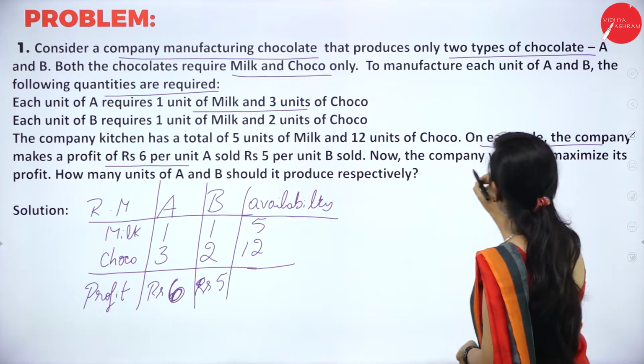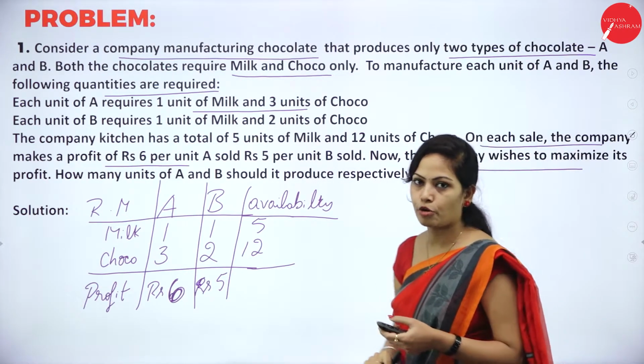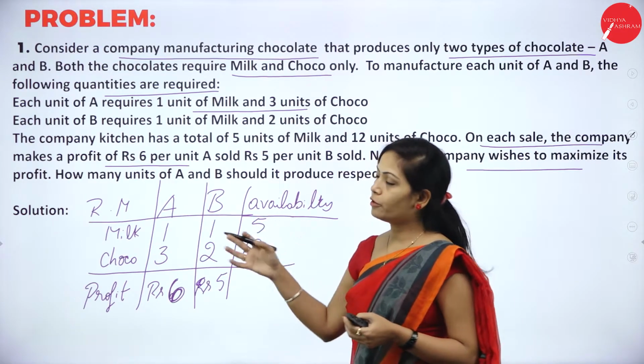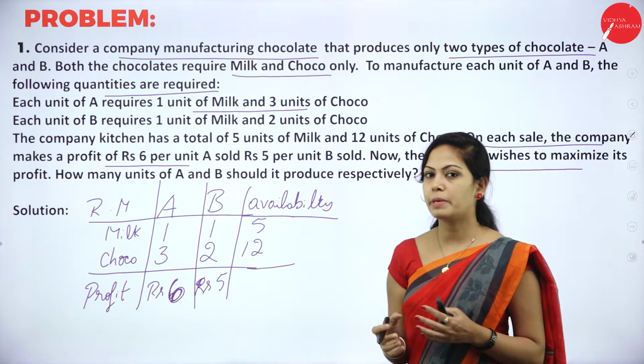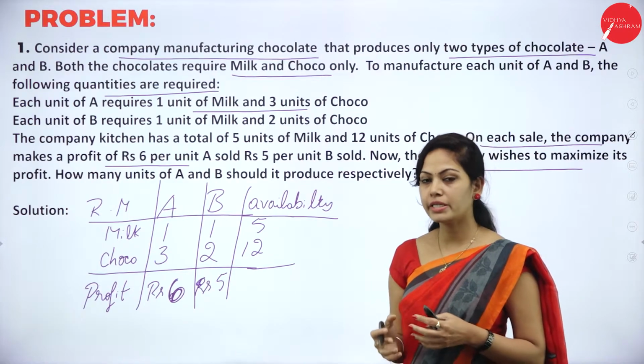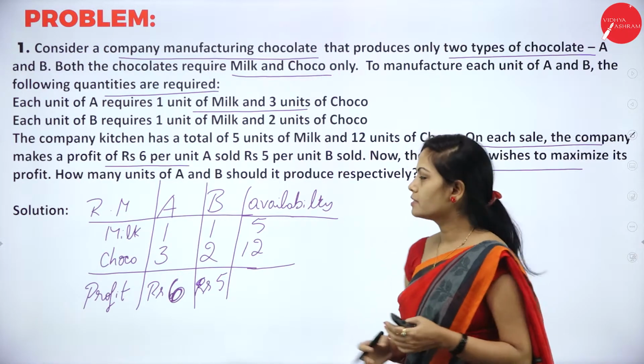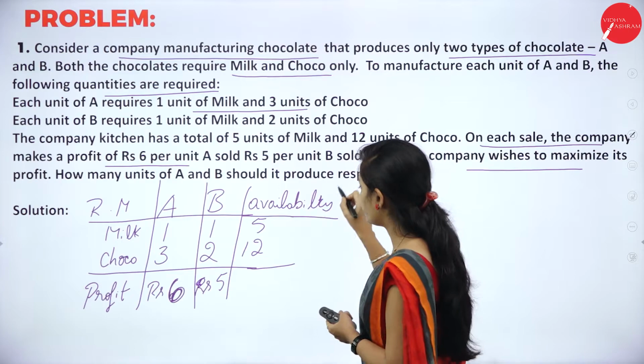And now the company wishes to maximize its profit. Obviously, if a company is manufacturing a product, they are expecting maximization, the maximum profit, right?